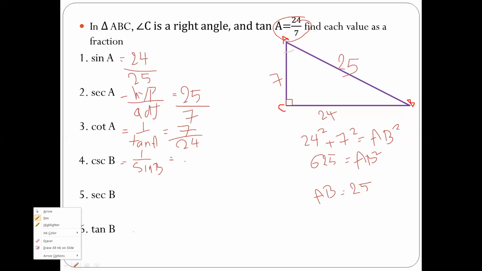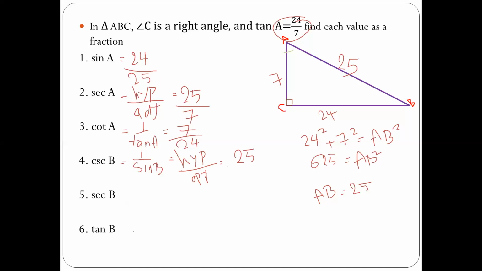It is hypotenuse over opposite. What is the hypotenuse here? It is 25. What is the opposite to B? It is 7. So it's 25 over 7.